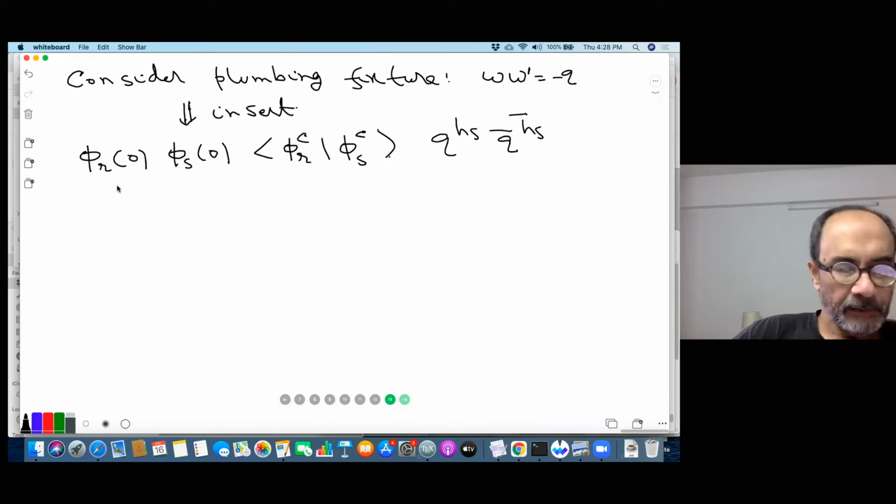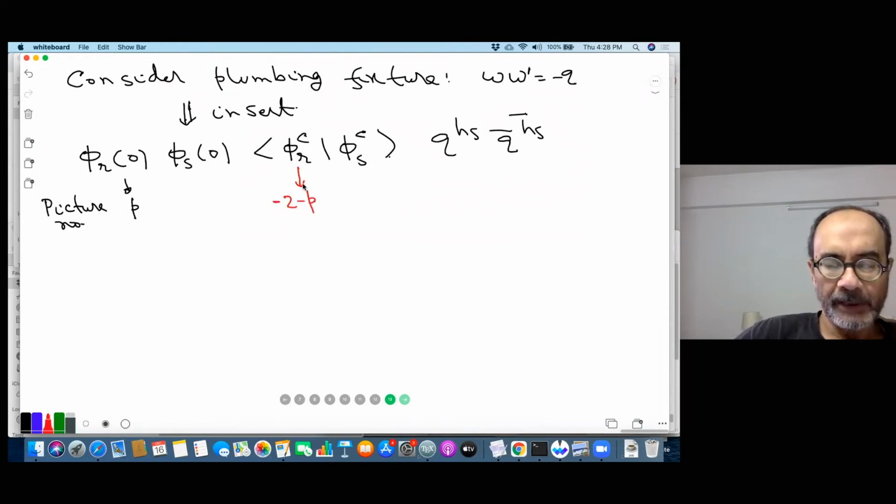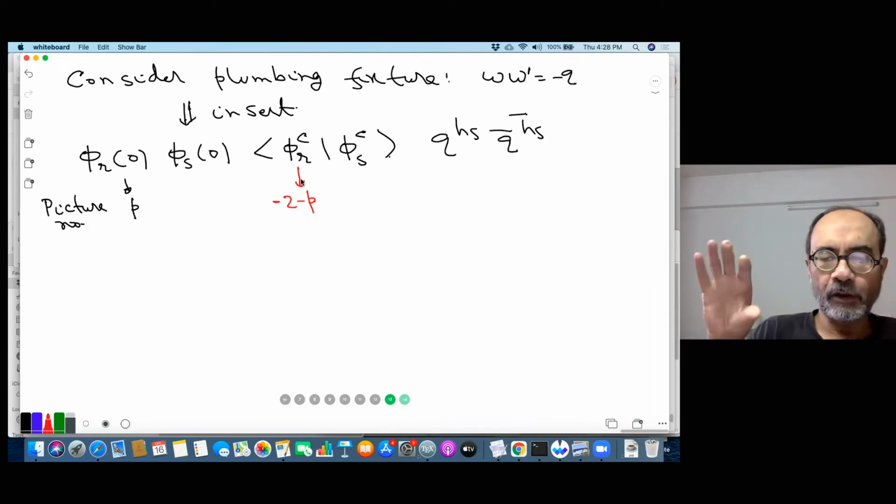Now let's suppose that this one has picture number P. So if this one has picture number P, this is the conjugate state. So this must have picture number -2 -P. Because you remember on a sphere, the 2-point function is non-zero if the picture number adds up to -2.